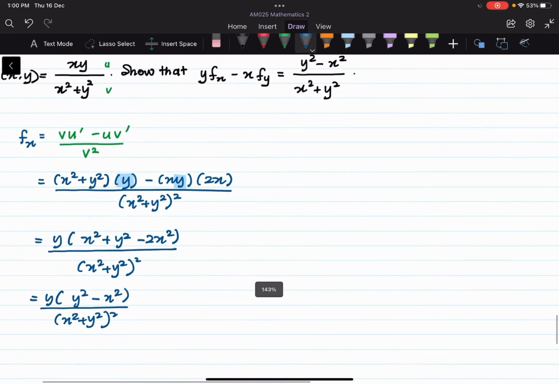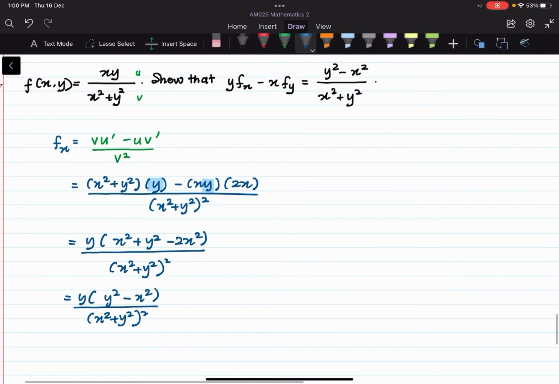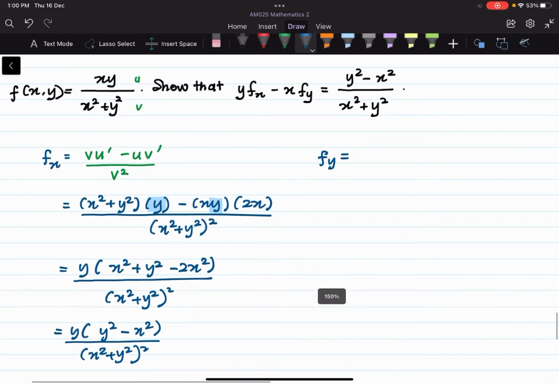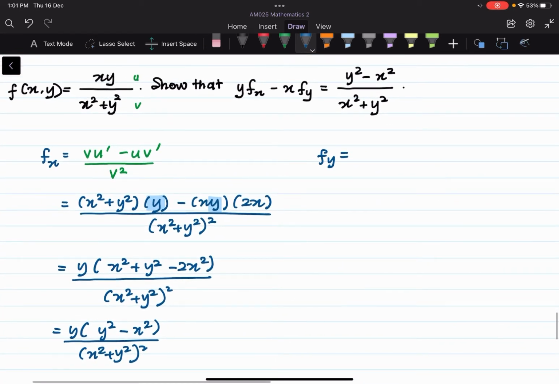So now let us differentiate with respect to y. If we differentiate with respect to y, we're going to use the same rule like we did for f sub x. We're going to use the quotient rule because we have y terms in numerator and also in denominator.